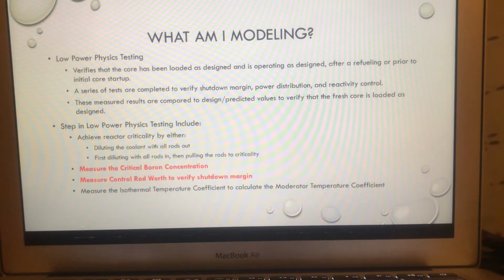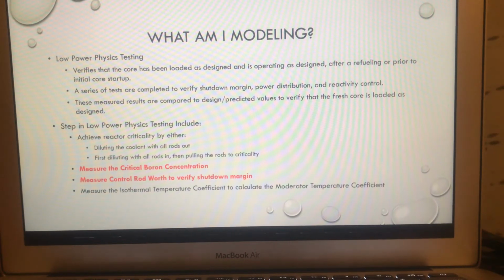The general steps include: first, safely achieving criticality. A few plants do it different ways. You can either pull all the control rods out and then dilute the boron to criticality, or you can dilute first and then pull the control rods out and go critical on the control rods.